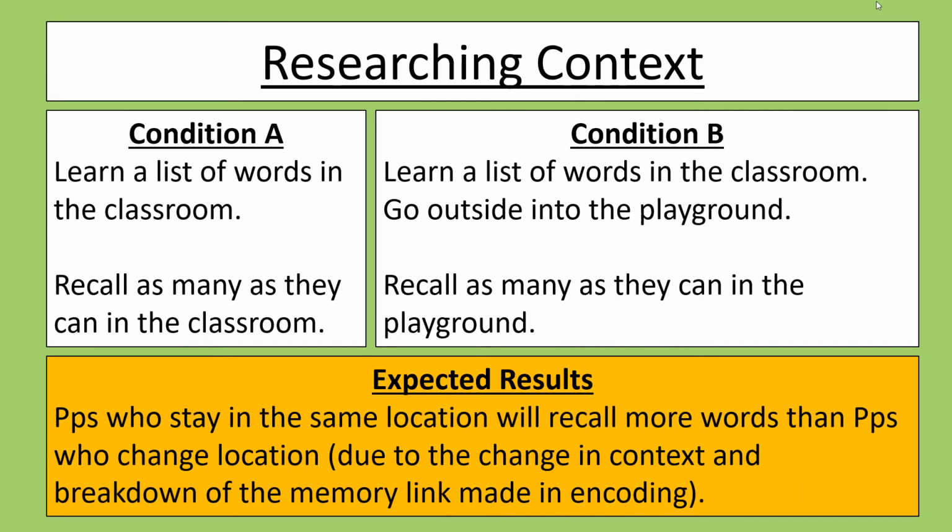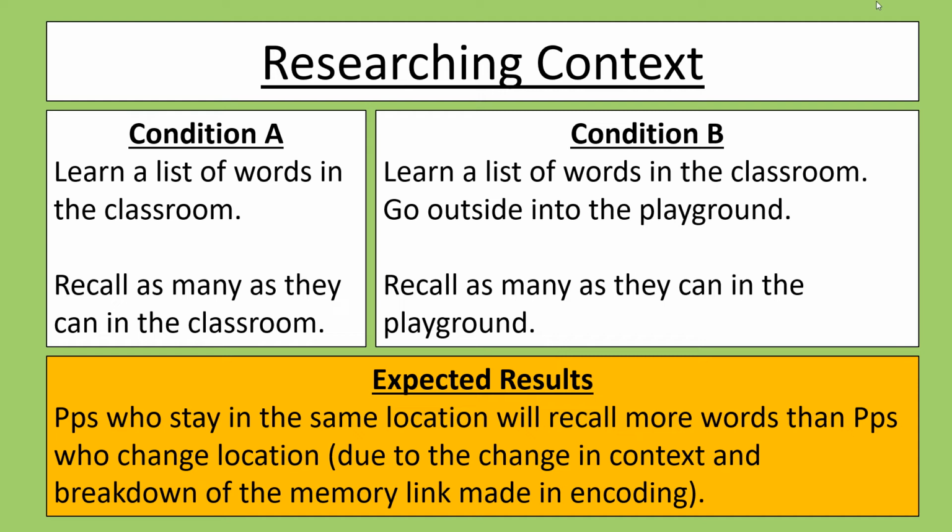We do the same for context. The official study that we covered in class was a bit more complicated, a bit more extravagant, with the whole beach and the water and the divers. But if we're really keeping it simple, again, let's have two groups. Let's just change the context once.